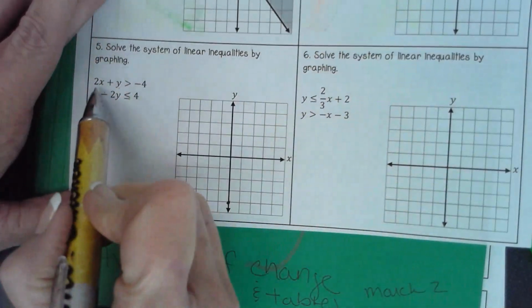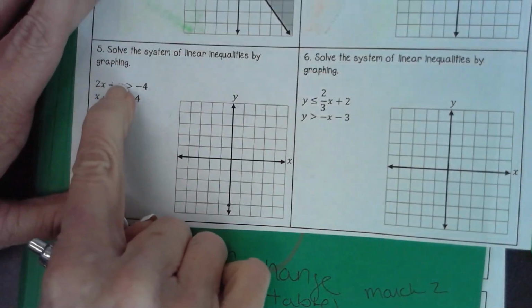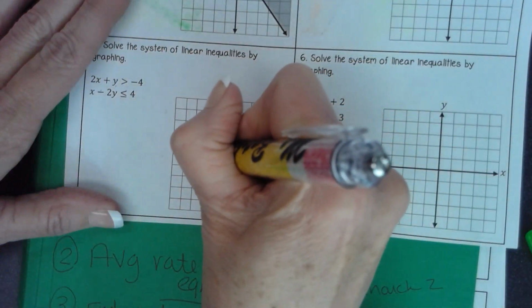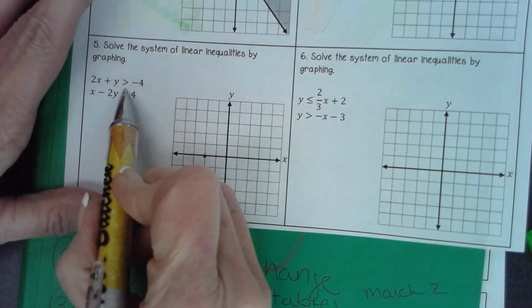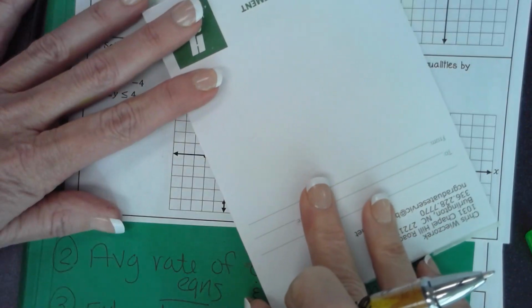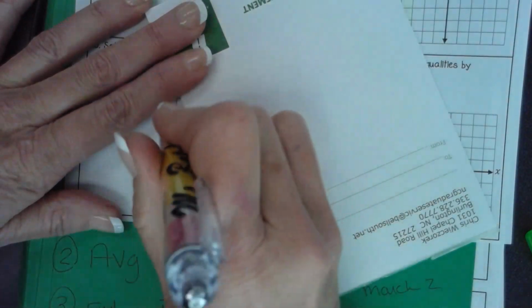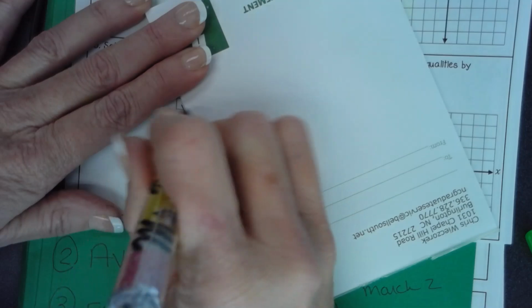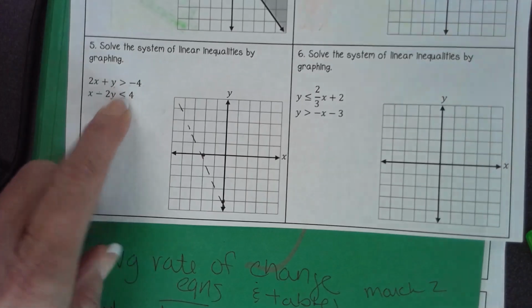If I cover up the y and I divide by 2, my x-intercept is -2. I'm going to get a dotted line. And this is greater than, so I'm going to shade above.